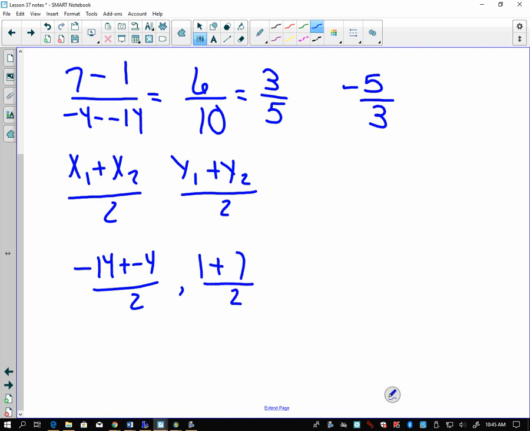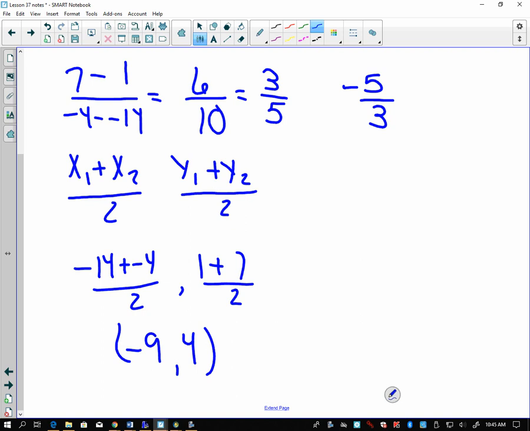Negative 14 plus negative 4 is negative 18, divided by 2 is negative 9. And 1 plus 7 is 8, divided by 2 is 4.